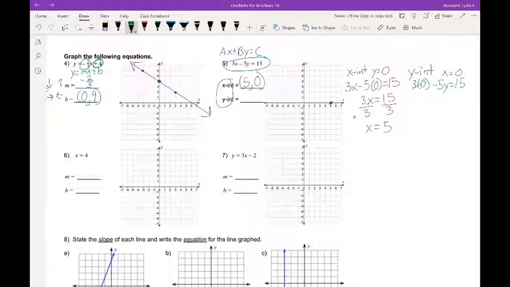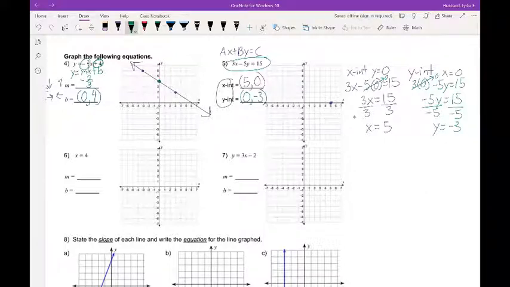So this time, this 3 times 0, this entire piece will go to 0. And negative 5y plus 0 is just going to be negative 5y. From there, it's a pretty easy solve. We'll divide both sides by negative 5 to get that y equals negative 3. So our y-intercept is 0, because that was our x value, comma, negative 3.